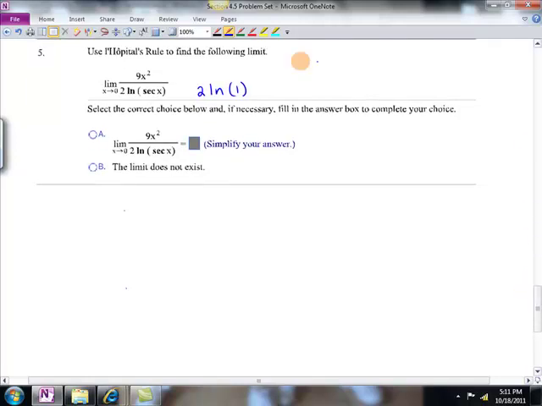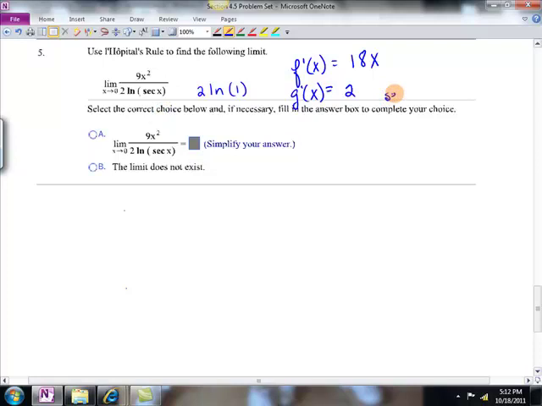Let's go ahead and do f prime of x, and that would be 18x, and g prime of x would be 2, and then when you take ln of a trig function, it is like g prime over g of x.